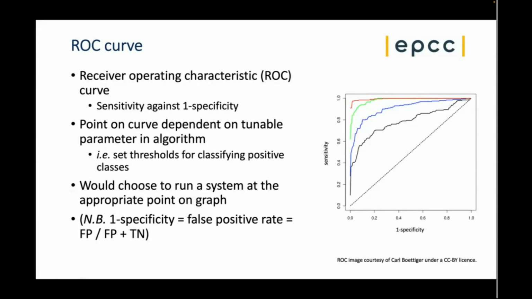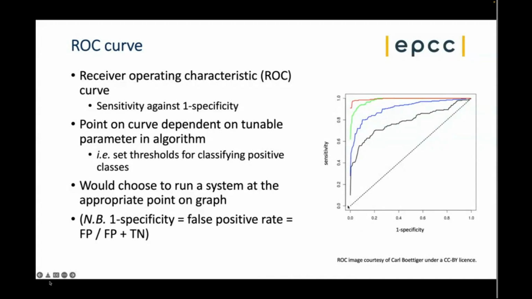Often you can choose a threshold for choosing a value as being a positive value, and that corresponds to choosing a point on this curve. So with many algorithms, you can get a trade-off between specificity and sensitivity.